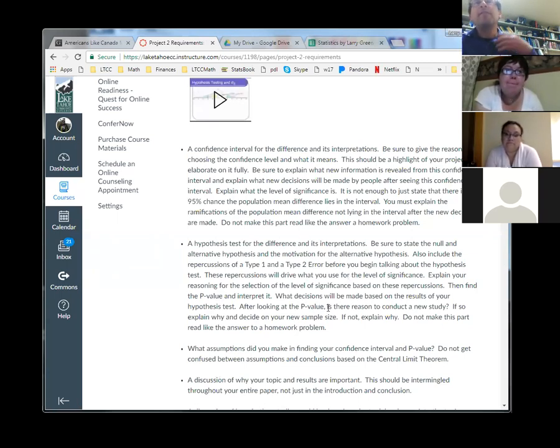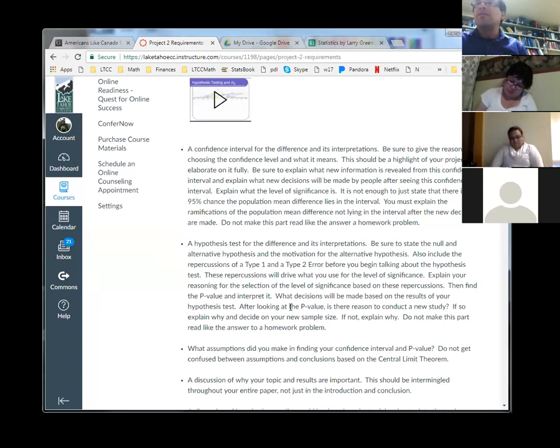Same thing with level of significance. Talk about it. What kind of harm might be done? Again, don't make it look like a homework problem. Full paragraphs, not 1 sentence. Any questions on that? So it's a lot of writing for this. Then, again, look at your standard error and decide whether your standard error was small enough or not.